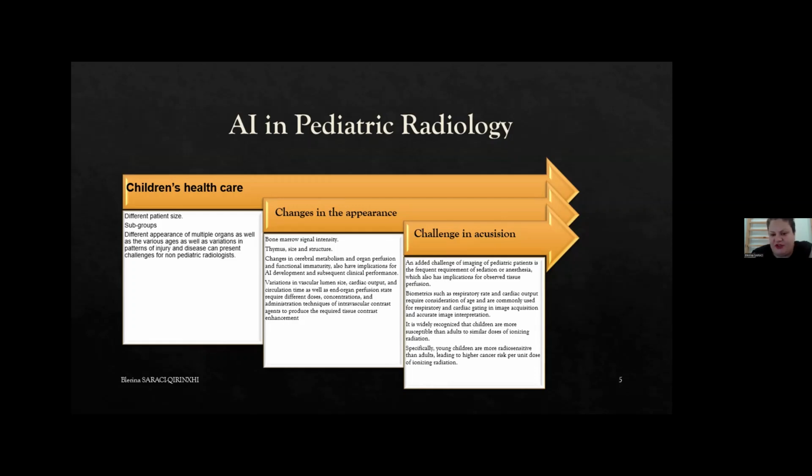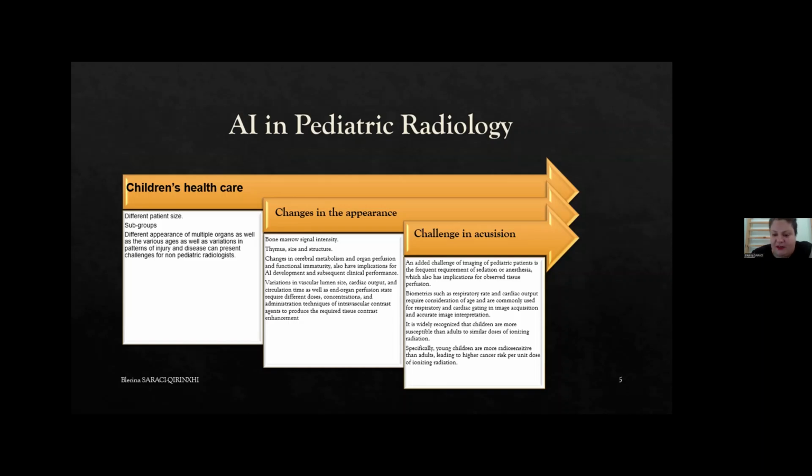An added challenge of imaging pediatric patients is the frequent requirement of sedation or anesthesia. That is a challenge for the medical doctors who perform this examination, which also has implications for observed tissue perfusion.